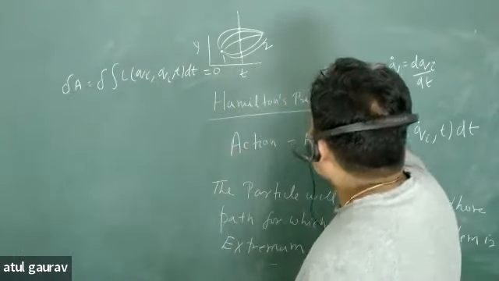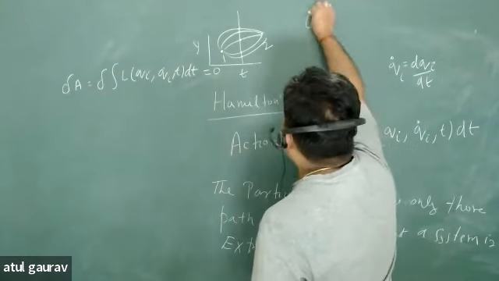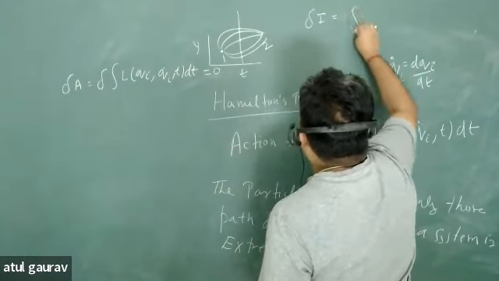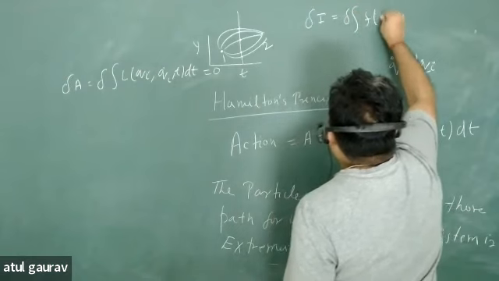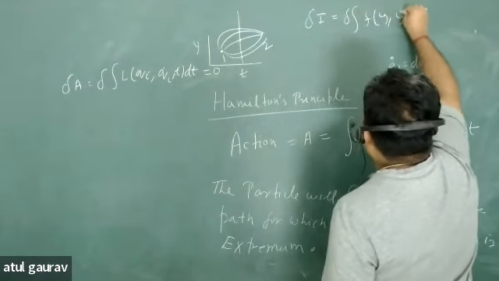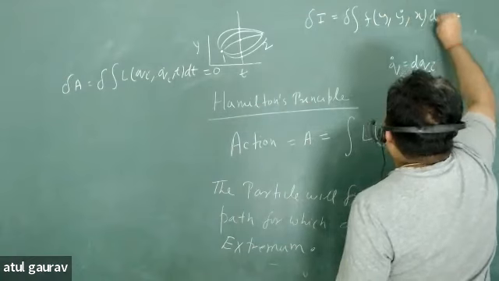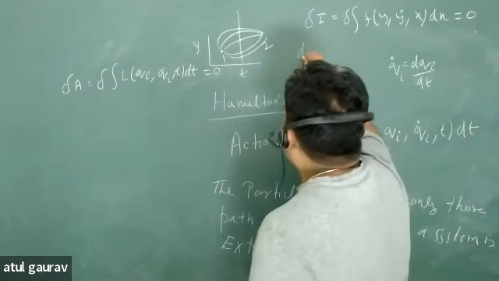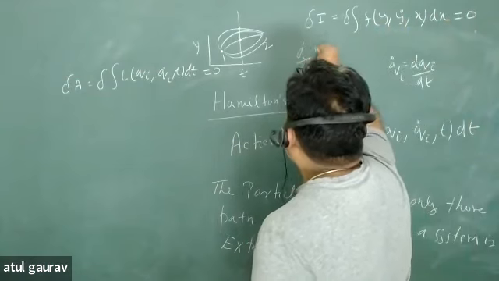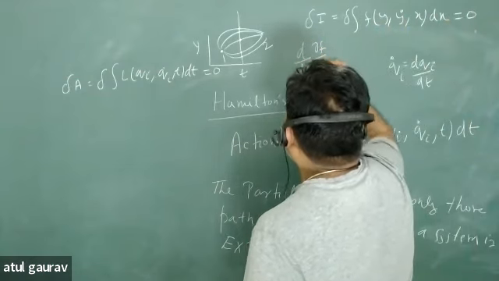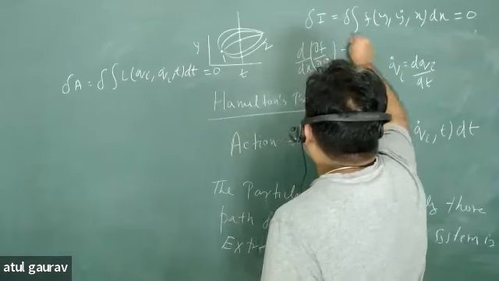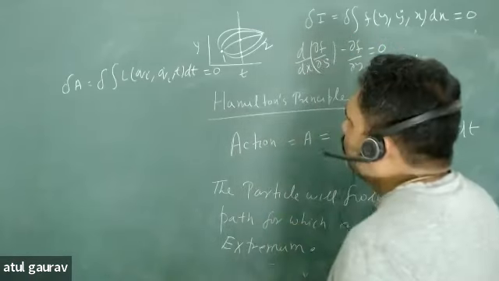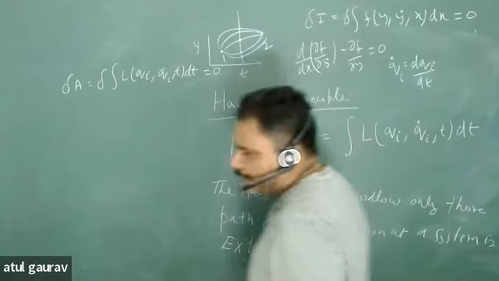In the calculus of variation, del I is equal to 0, or del of the integral of f(y, y dot, x) dx must be equal to 0. Then f follows the Euler-Lagrange equation. Isn't it?